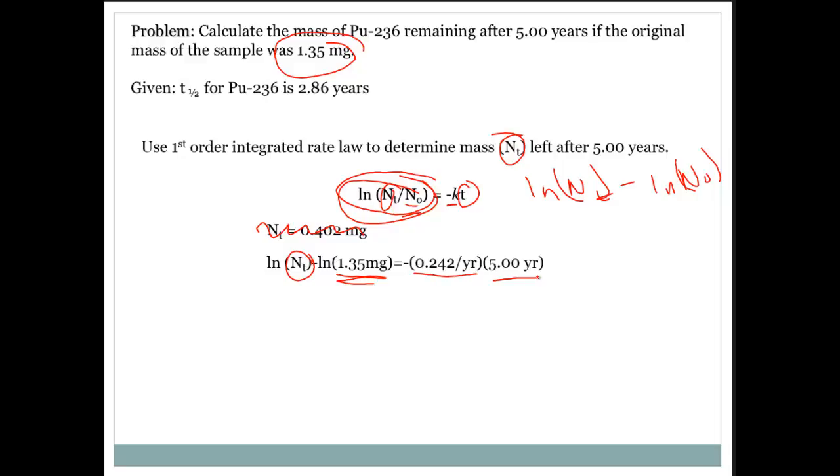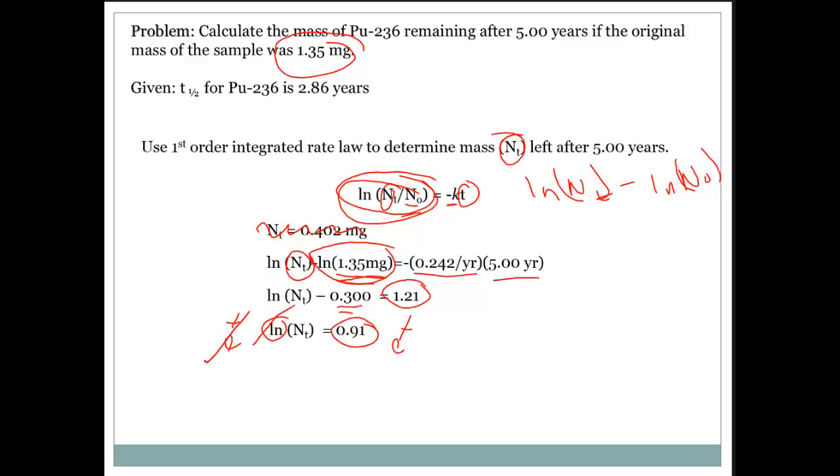From here, we take the natural log of 1.35 to equal 0.3. And we take 0.242 times 5 to equal 1.21. Rearrange the equation to solve for the ln of Nt, which is equal to 0.91. In order to get rid of that natural log, we're going to use the e to the x function on both sides. The natural log and the e to the x cancel out.